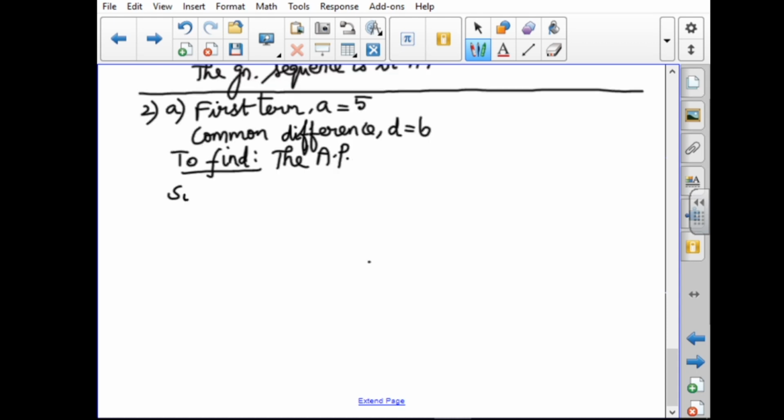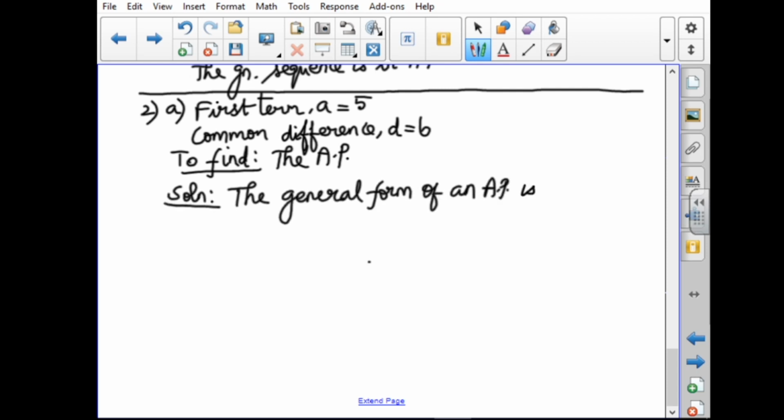Solution. The general form of an AP is A, A plus D, A plus 2D, A plus 3D, etc. First term we take it as 5.